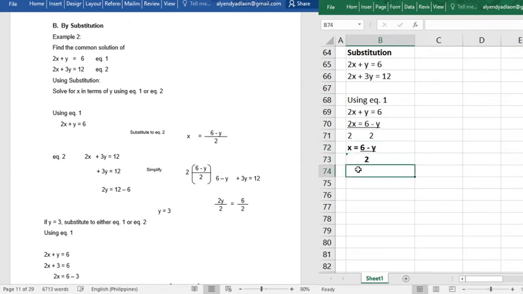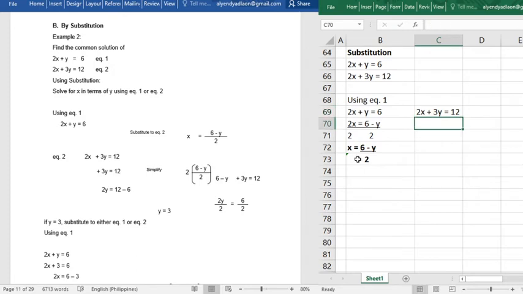So class, since our x now is 6 minus y over 2, we are going to substitute 6 minus y over 2 for the x here. We assume that this 6 minus y divided by 2 is the value of x. So we are going to substitute this into the second equation. To substitute, we have 2x plus 3y equals 12, and then substitute the value of x.